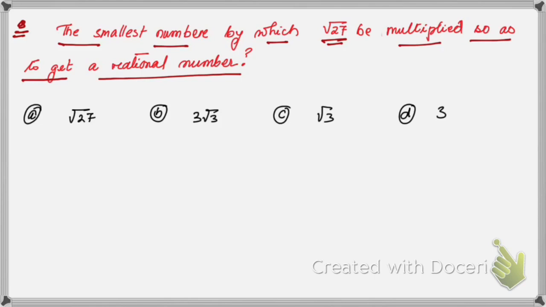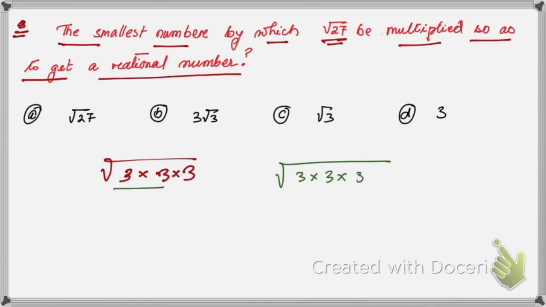Here you see, root 27 can be written as root over 3 into 3 into 3. So the factors are unpaired, right? To make it a perfect square, we need one more 3. Then it's going to be rational, right?